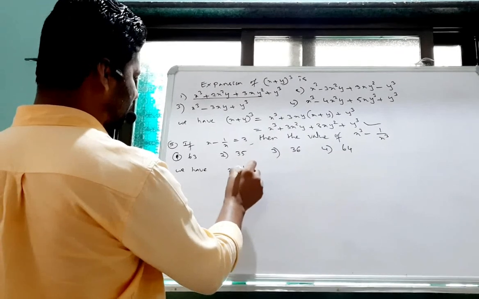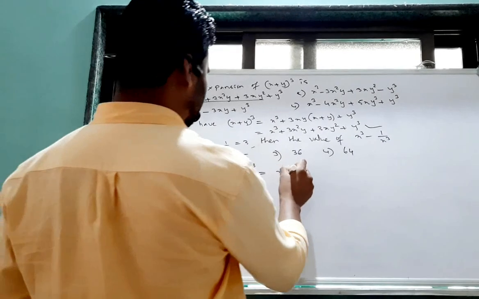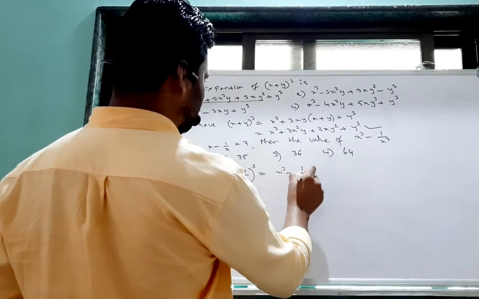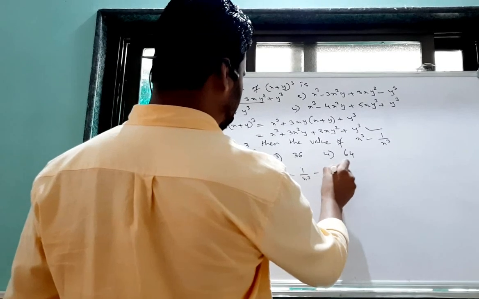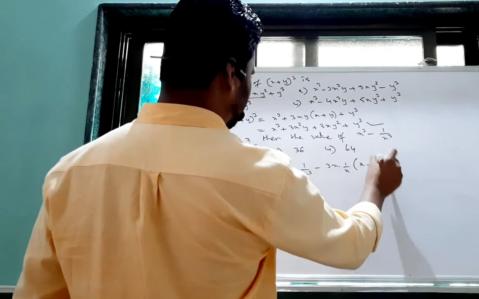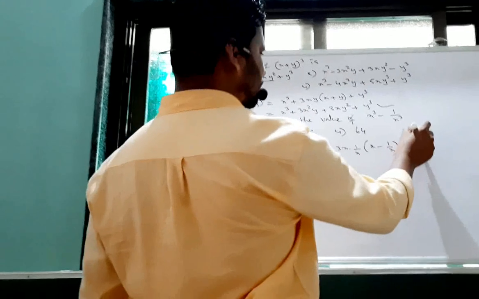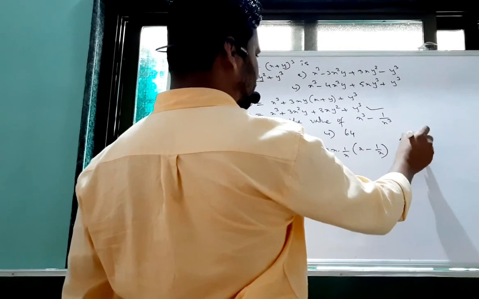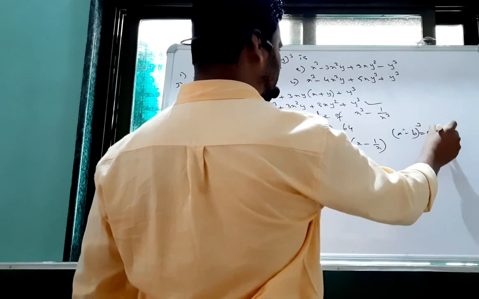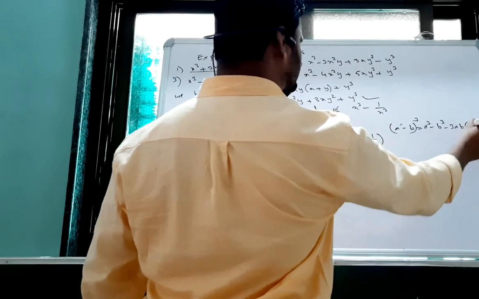That is x minus 1 by x bracket cube is equal to x cube minus 1 by x cube minus 3ab, 3 into x into 1 by x into bracket x minus 1 by x. Here I use the formula of a minus b bracket cube, which is a cube minus b cube minus 3ab into bracket a minus b.